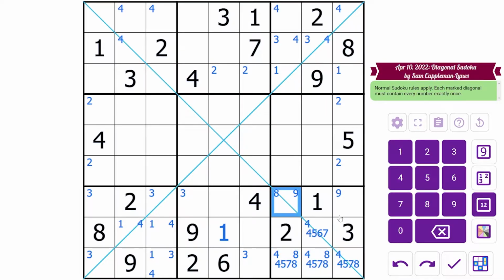And in this box, we see the 4. Let's do this box instead. Let's focus on this one. Also here we can't have the 8. We see 1, 2, 3, 4. So we can have 5, 6, 7, 8, 9.